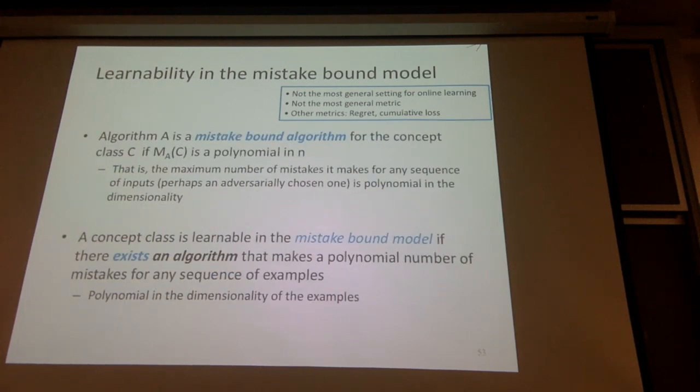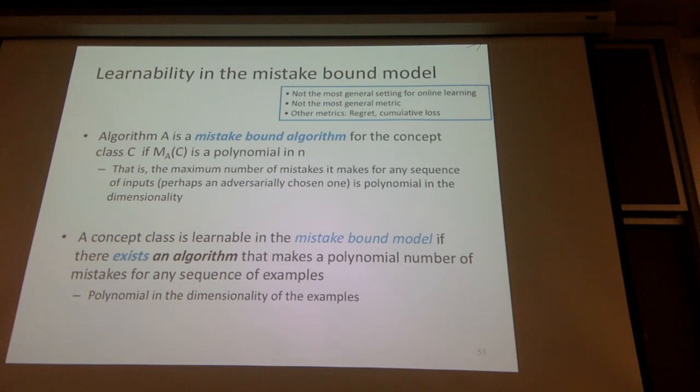So, one more definition before going to the actual thing. What I've written here at the top is just a restatement of what I just said. The algorithm is mistake bound if the maximum number of mistakes it makes for any sequence of examples is polynomial in the dimensionality. Now we can talk about concept classes.